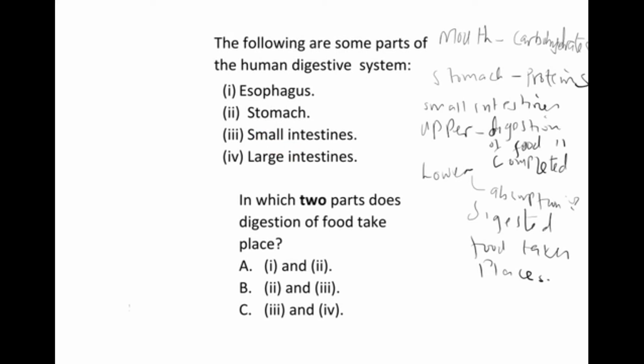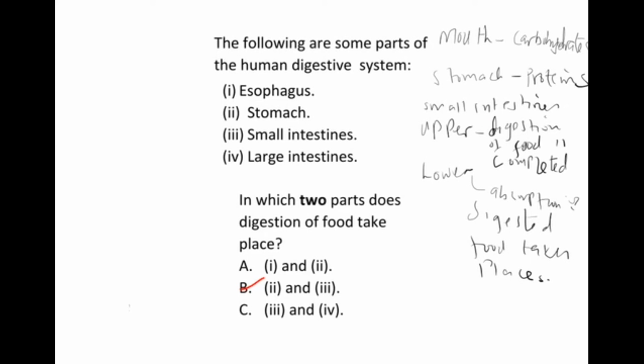We have said the digestion of proteins takes place in the stomach, and the upper part of the small intestine is whereby the digestion of all food is completed. So that one is the correct answer. Why? Because the digestion of protein takes place in the stomach, which is our Roman 2, and the digestion of all food is completed in the small intestine, which is our Roman 3.